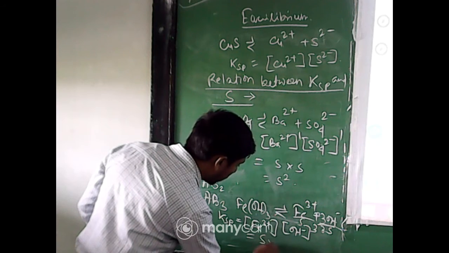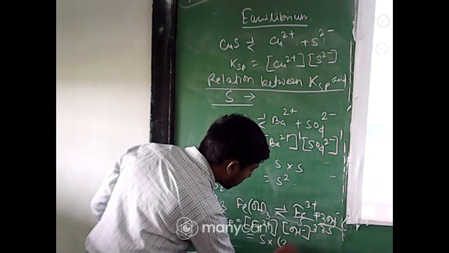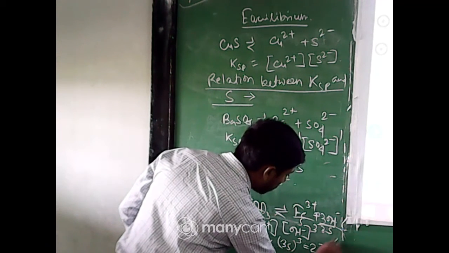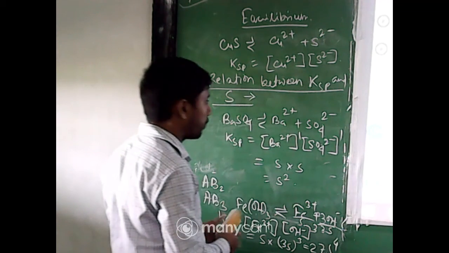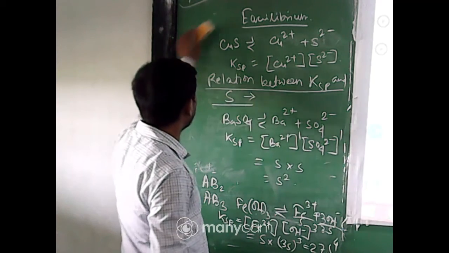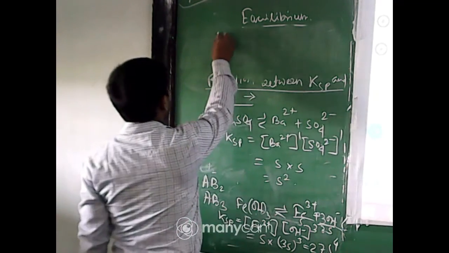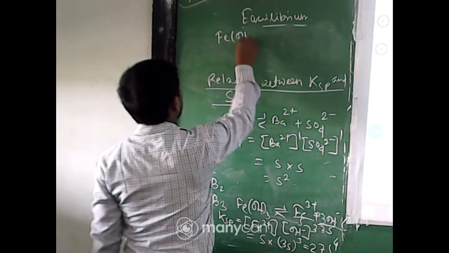So it is S into 3S cubed, that is 27 S to the power 4.